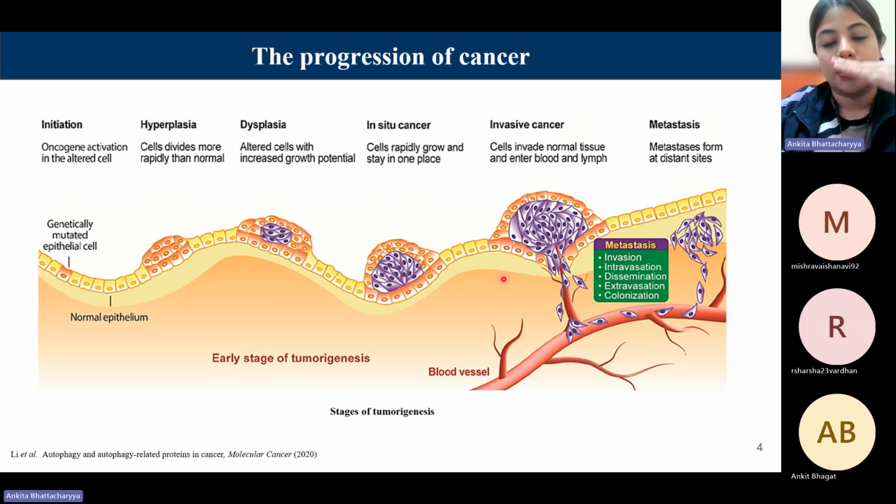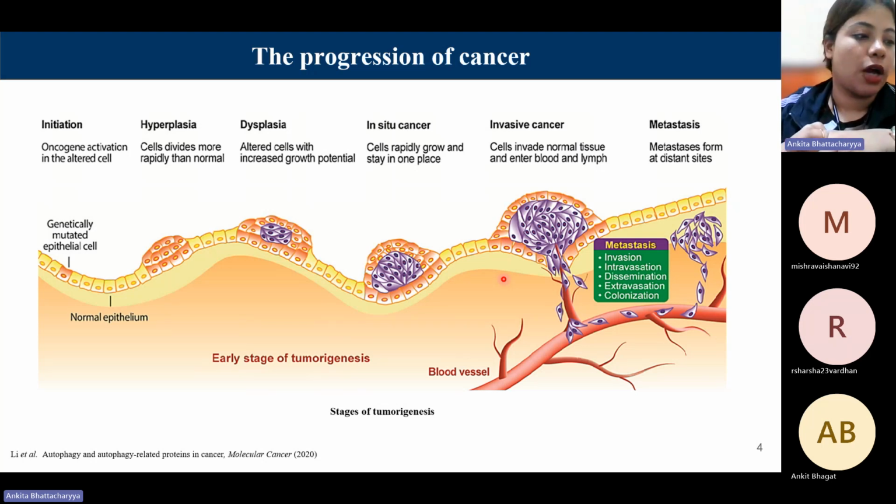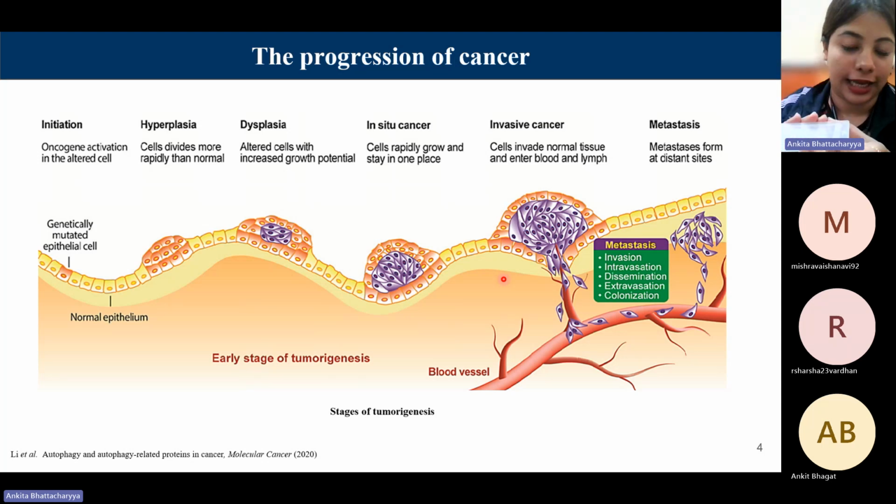However, these cells are placed on another layer. This layer is called the basement membrane or the extracellular matrix. How do I explain it? Think of it as some sort of a support system on which all of these cells are placed. So this is essential for the integrity of those cells to be maintained and for the tissue to remain intact.